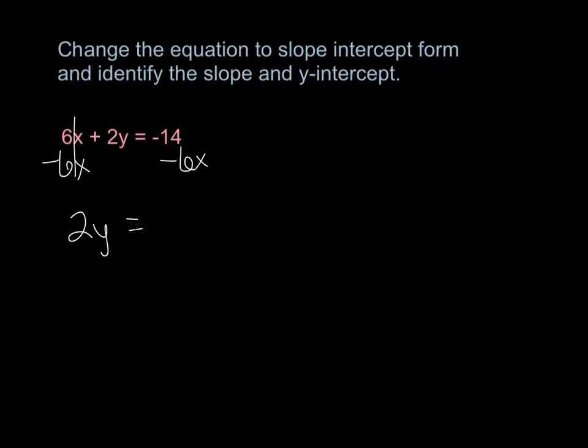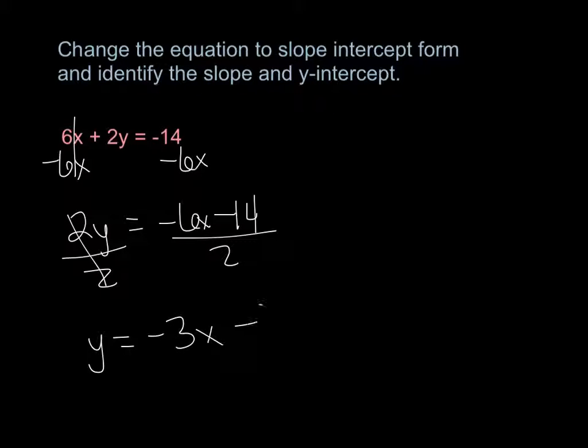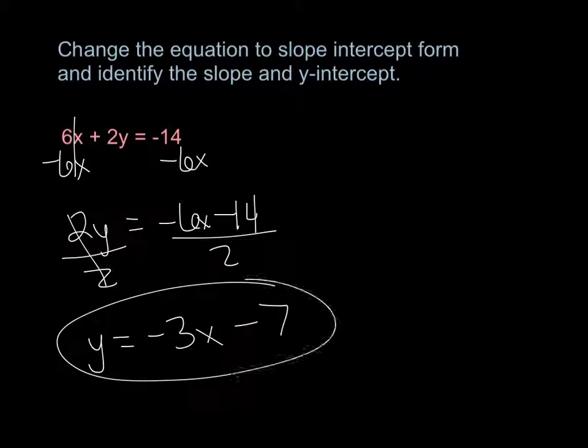And when I do that, notice how the 6x and the -14 are not like terms. You cannot add them together. So after that, we're going to divide by 2, and I'm going to divide both the -6x and the 14 by 2. So we're going to have our equation now as y equals -3x minus 7.